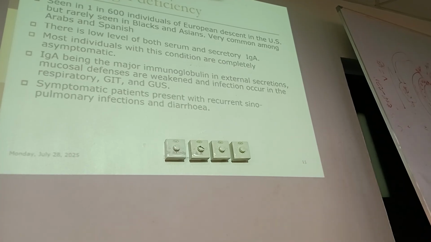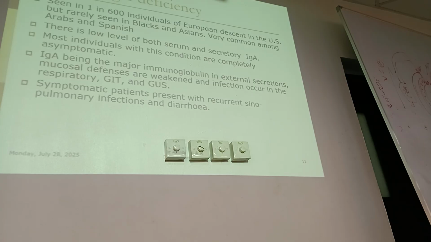IgA being the major immunoglobulin in external secretions, mucosal defenses are weakened, and infections occur in the respiratory tract and GIT. But you have other layers of defense: the cilia that we talked about, the chemicals the salivary glands secrete, and the acid in the stomach, which can also come into play when you have infections.